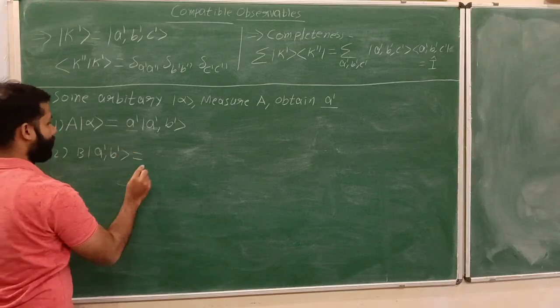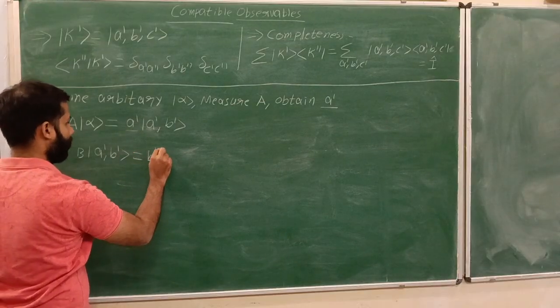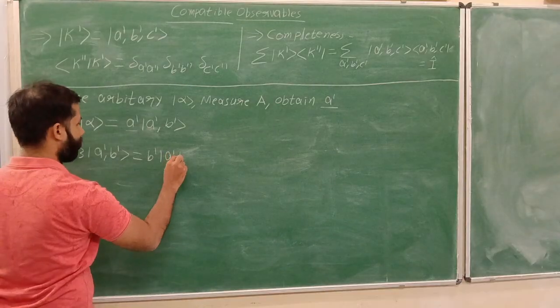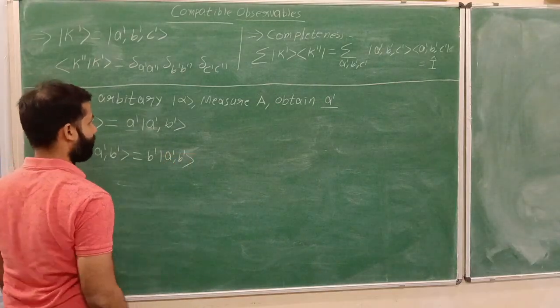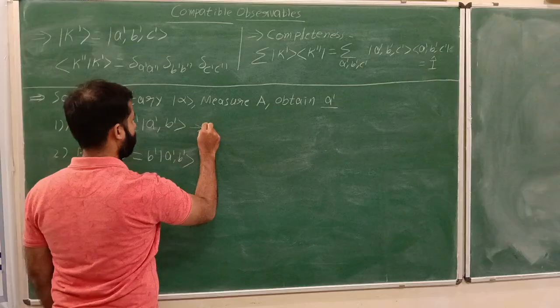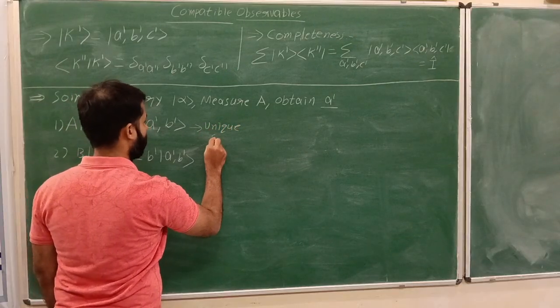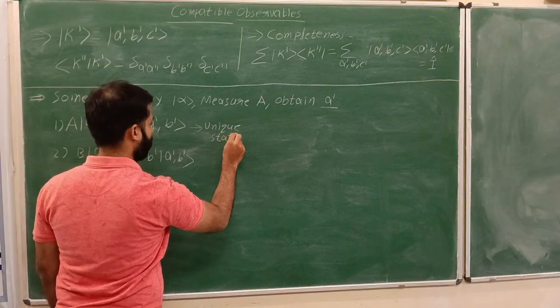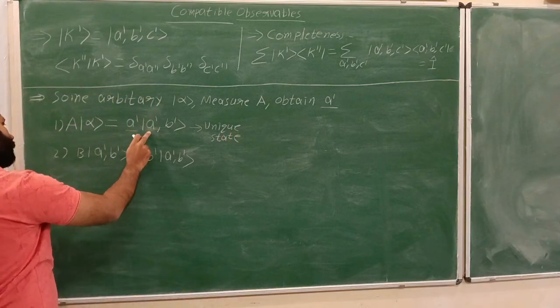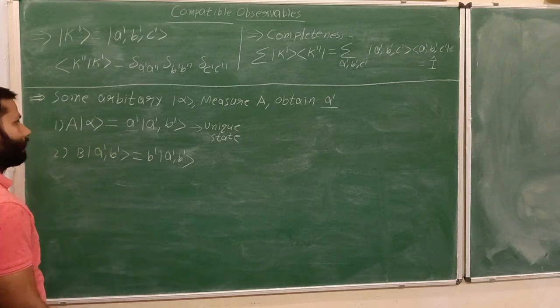Here the value was A prime, here B prime. Keep in mind that this is a unique state. Since I have specified both these things, this is a unique state.